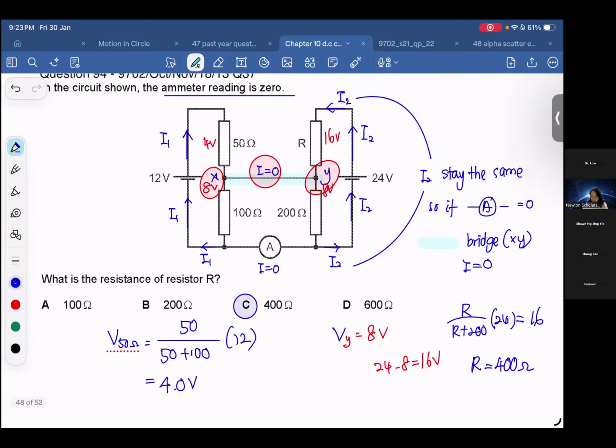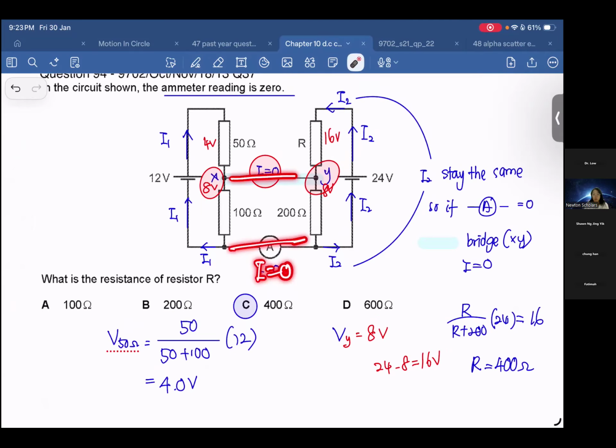I repeat, you must be very clear. If here is I equals 0, that means this part also I equals 0. It must be. If not, it doesn't obey Kirchhoff's first law. Then I can find out the voltage for this is 4 volt.